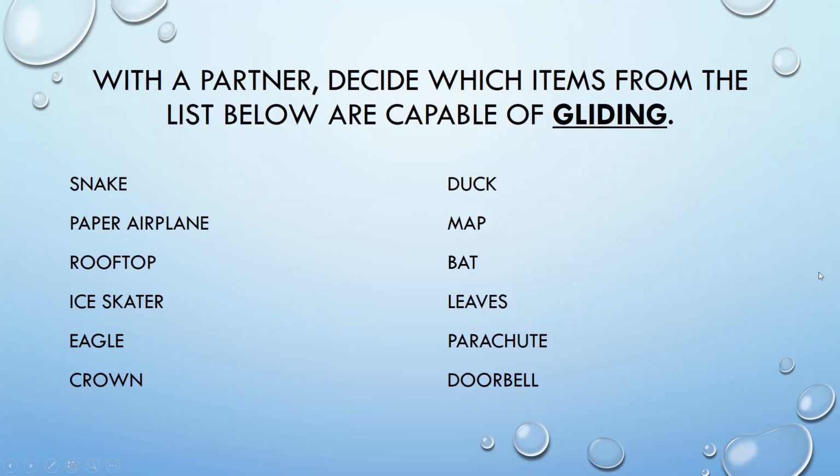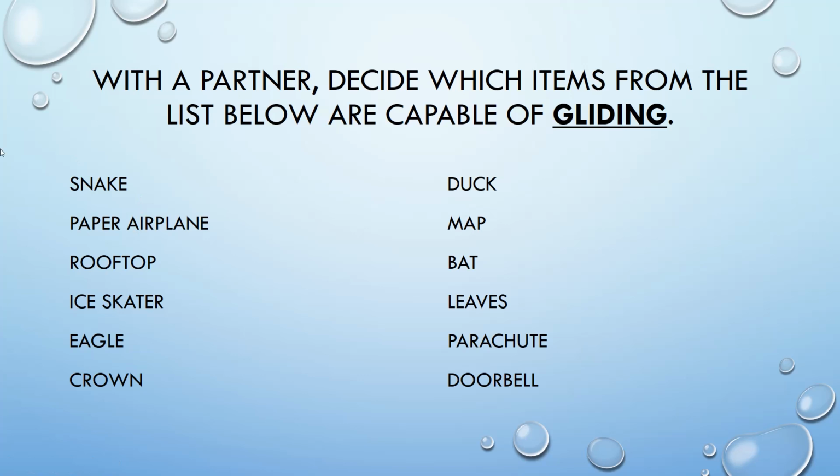With a partner, decide which items from the list are capable or able to glide. Can a snake glide? I guess you could say a snake might be able to glide on the ground, but not really.